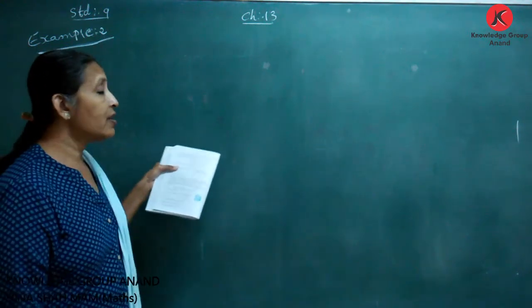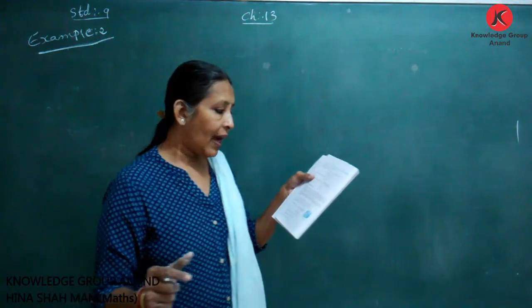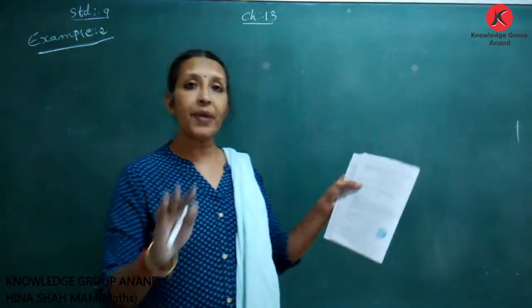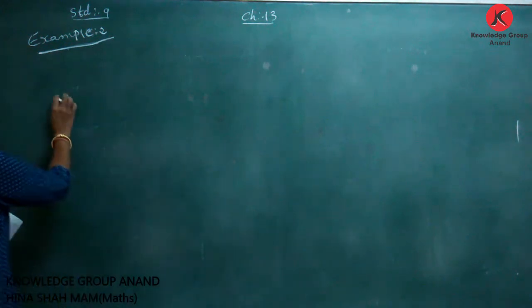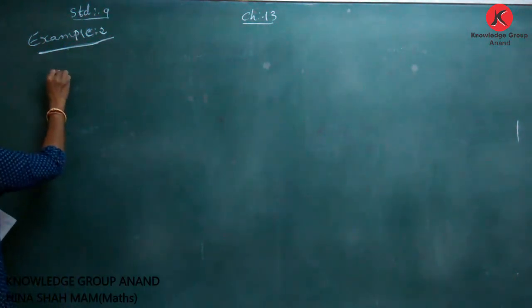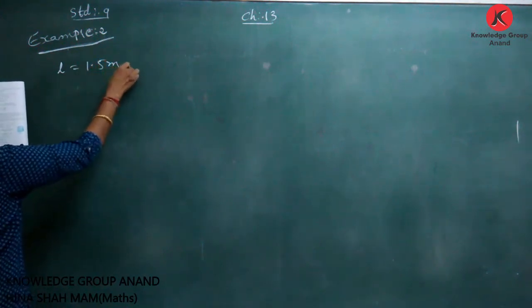In this question, Hamid has built a cubical tank. Therefore its length, breadth and height, that is its side, is equal to 1.5 meter.